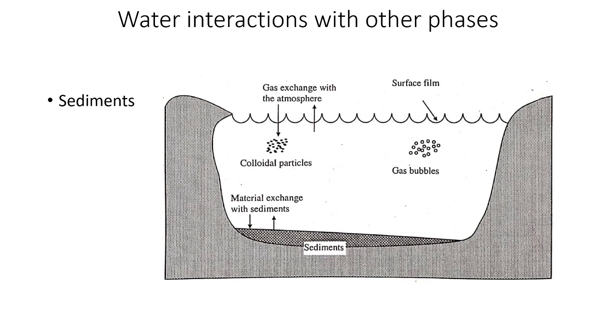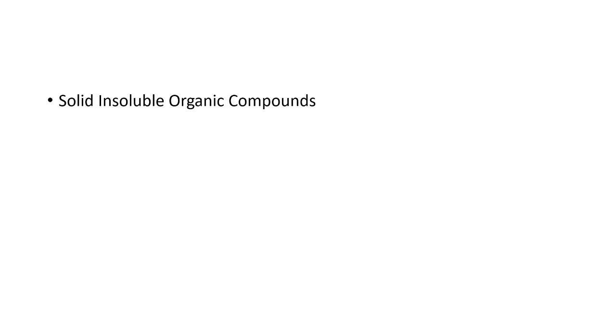Then next is solid insoluble organic compounds. A water reservoir is considered a healthy ecosystem if an exchange of essential gases, especially oxygen, is taking place. This exchange is particularly important as the fish survive by inhaling the dissolved oxygen.